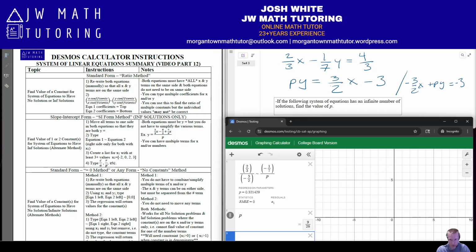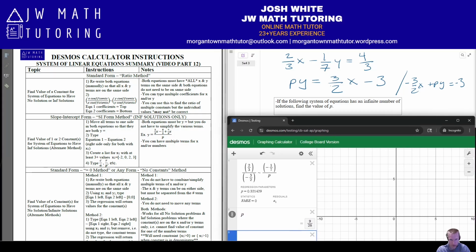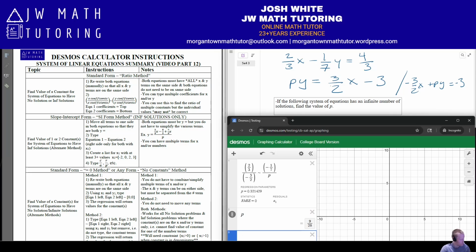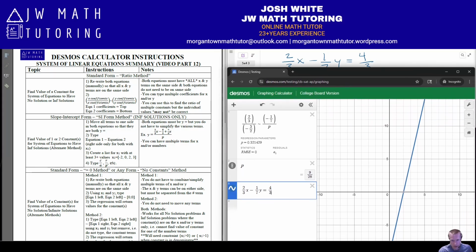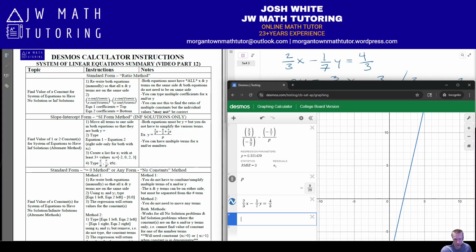So what I'm going to need to do is type the first equation. I'll slide this up in 1 second. All right, so there's the first equation.